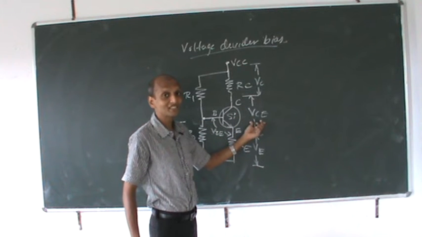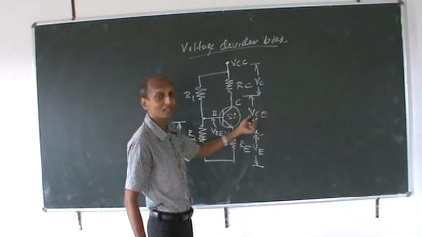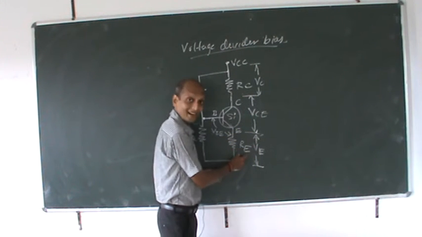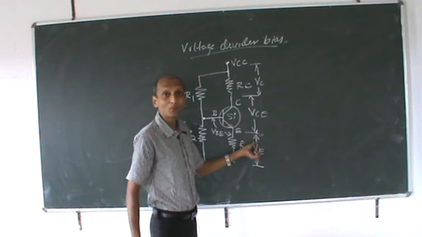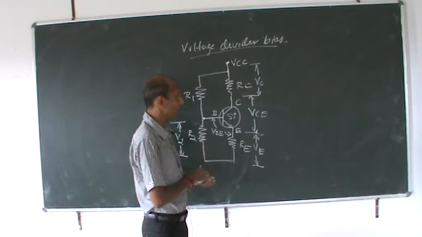So we have a certain voltage drop, that is the voltage across your collector to emitter terminal. And at last we have RE, which will have the voltage drop of VE. Likewise we have all these things.